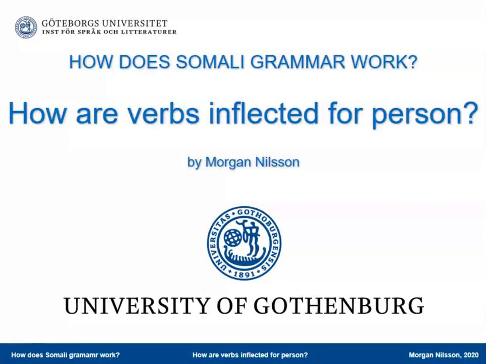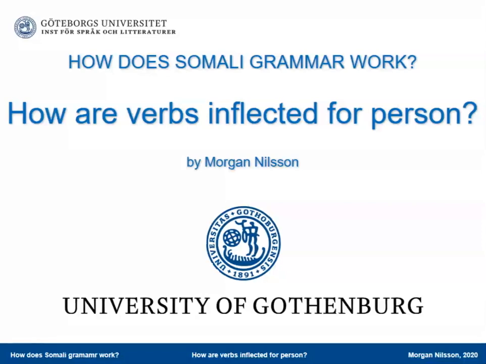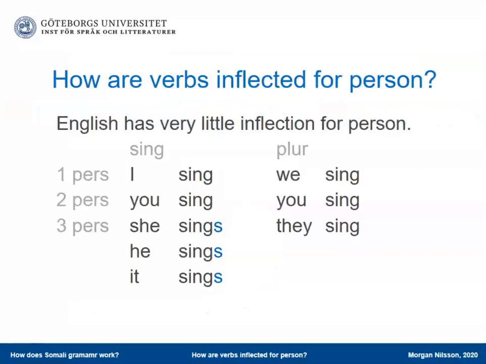In this short video, I would like to say a few words about the inflection of verbs for person in Somali. If we start by having a look at the English verb and the inflection for person in English, we can see that there is very little inflection.